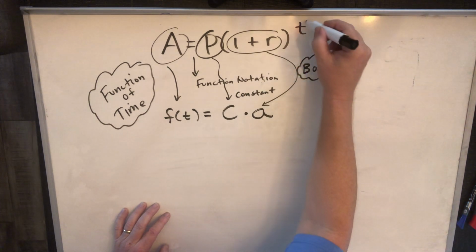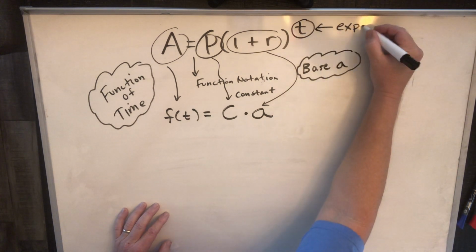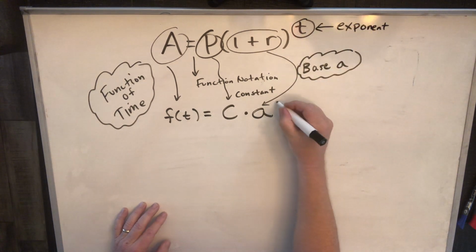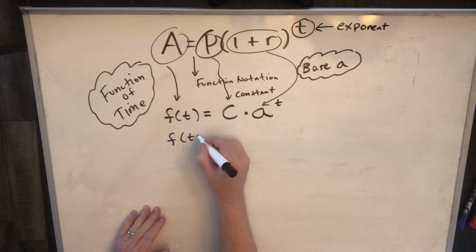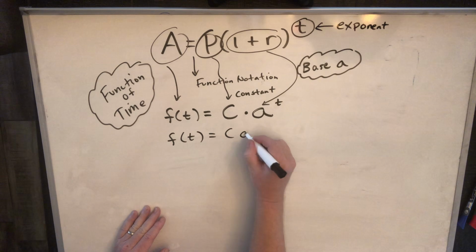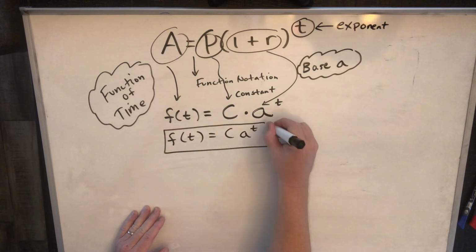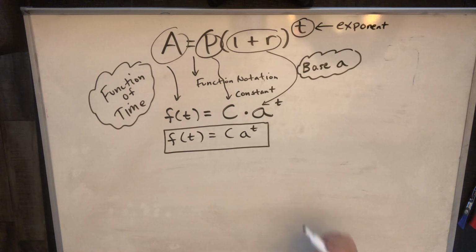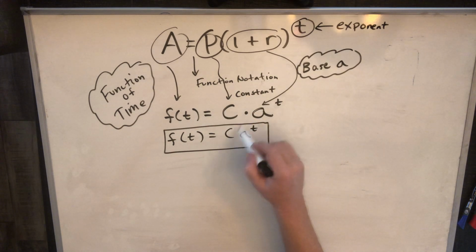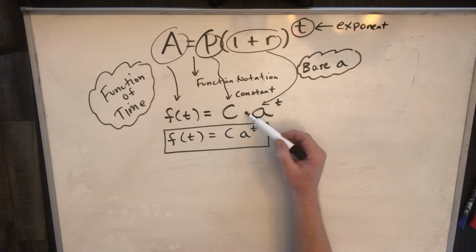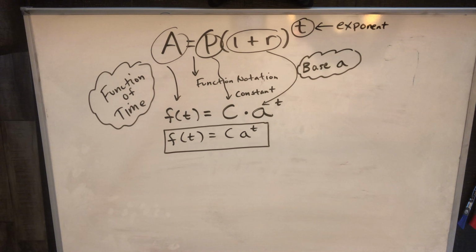And then finally, the exponent is going to remain t. So this is what we call the function notation. You could put the dot if it's not clear that it's being multiplied. I think that it is clear. If I do not write the dot, you know that this means C times A, so I will omit the dot at this point.